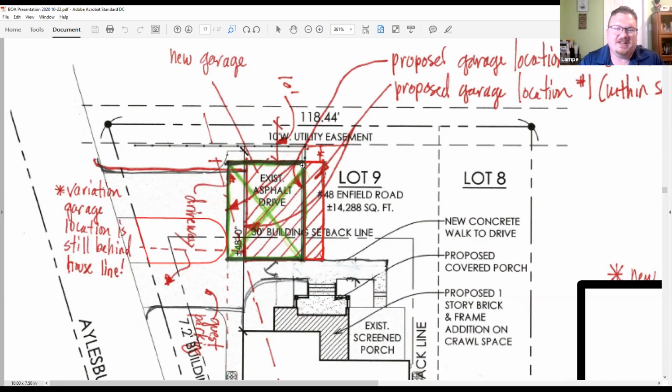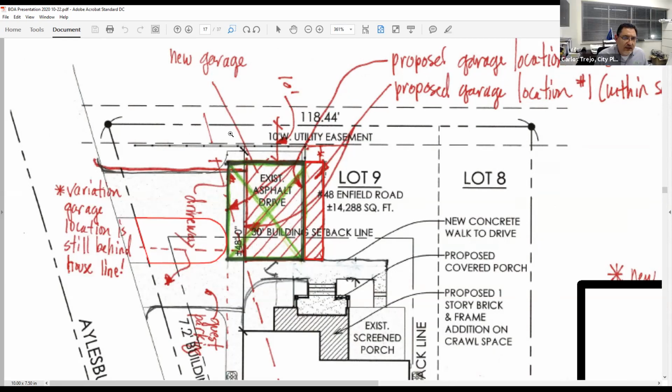That would rotate, and that would be at or over the 10-foot utility easement, and we would not have a lot of clearance between the existing house structure and the garage. So separation between the house and the garage was a concern as well.